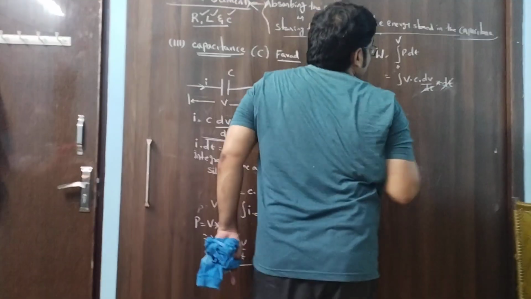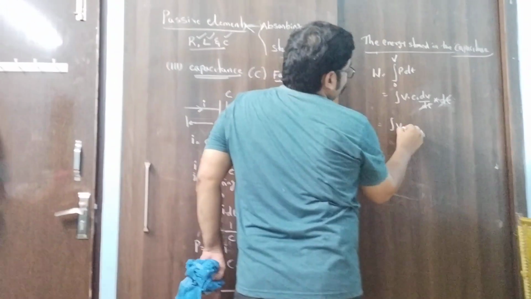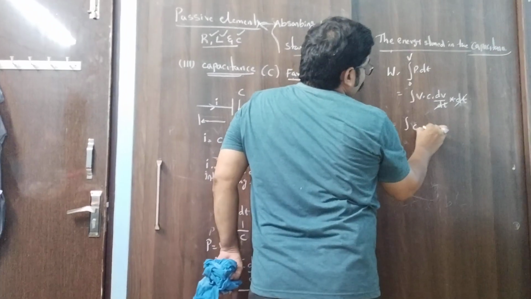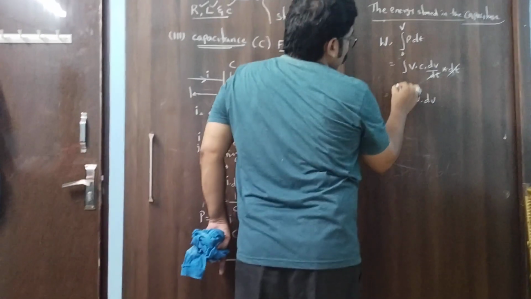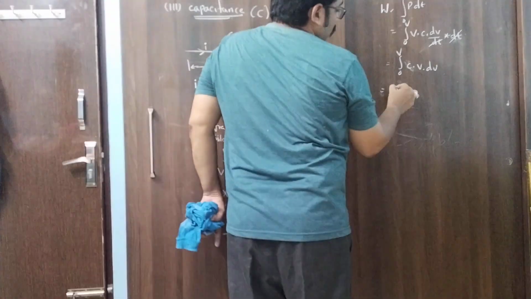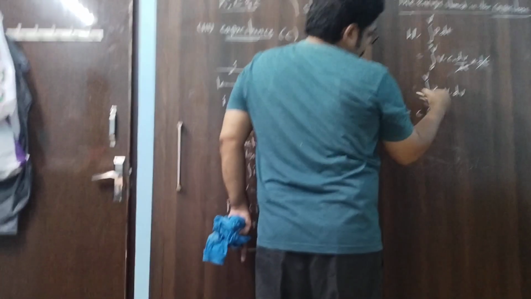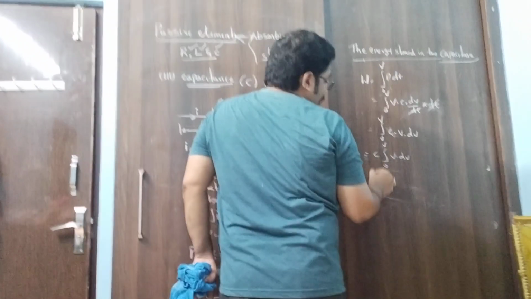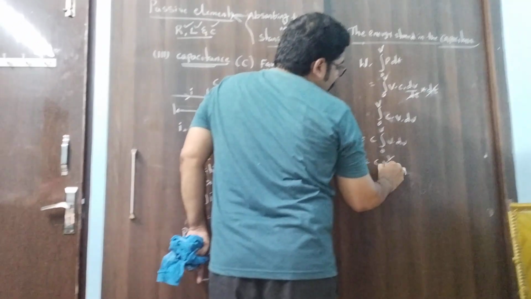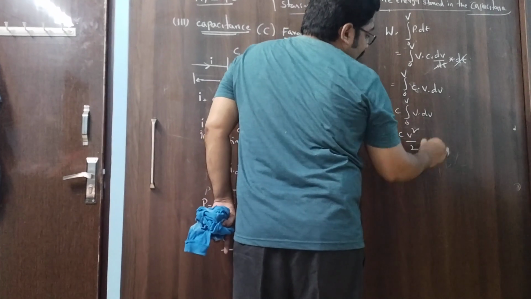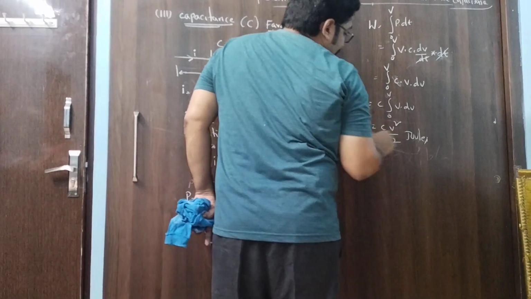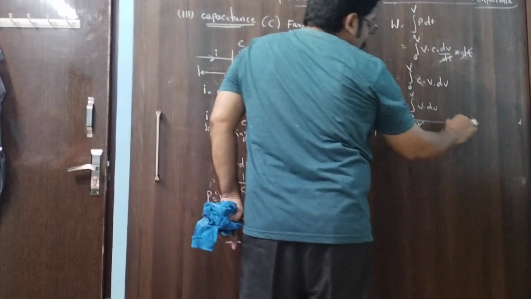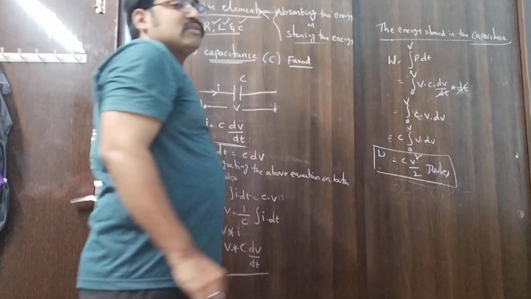The dt and dt cancel, so you have C into V into dV, from 0 to V. Taking C outside, the integral of V dV is V square by 2. So half C V square, normally written in joules. So the energy stored in the capacitance is half C V square.